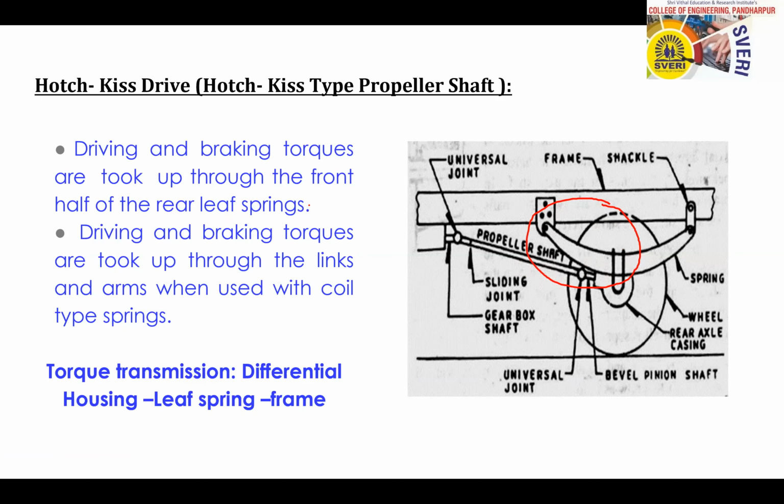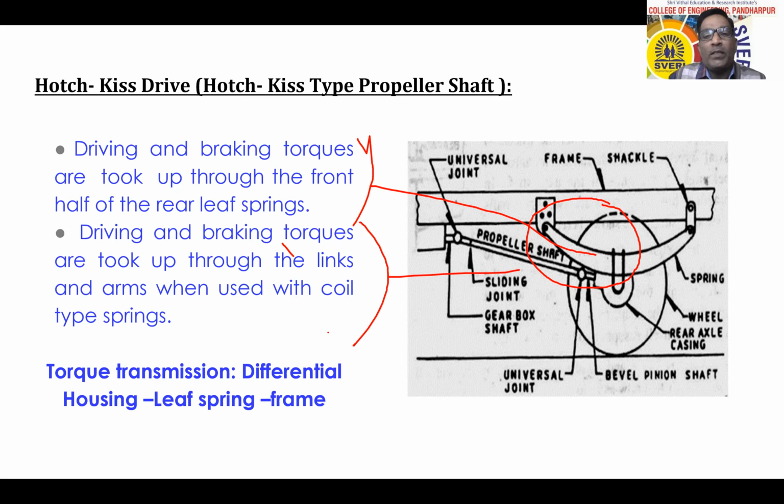Driving and braking torques are taken by the front half of the leaf spring. Then the driving and braking torques are taken up through the links and arms when used with the coil type of spring. So this is related to the leaf spring suspension, and this is related to the coil spring suspension.